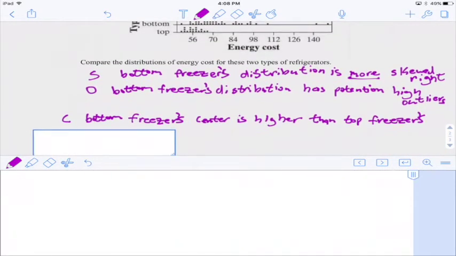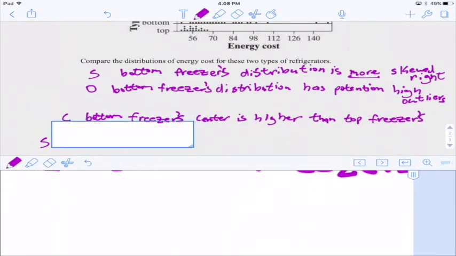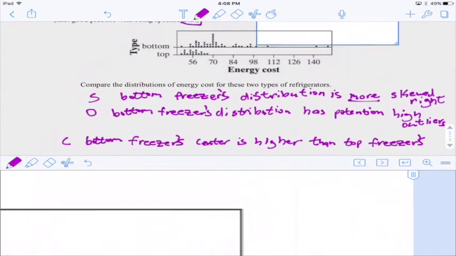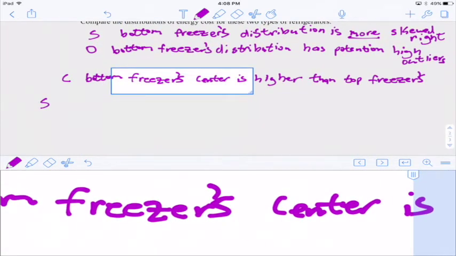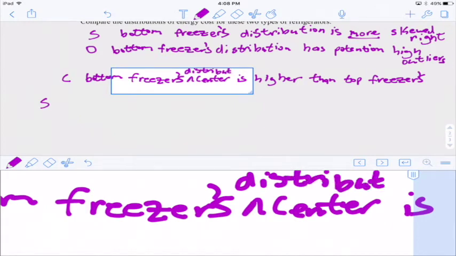And for our spread, the bottom freezer's distribution is much more spread out than the top freezer's distribution. Now I should be saying distribution in here, I'm being lazy. Again, be specific.